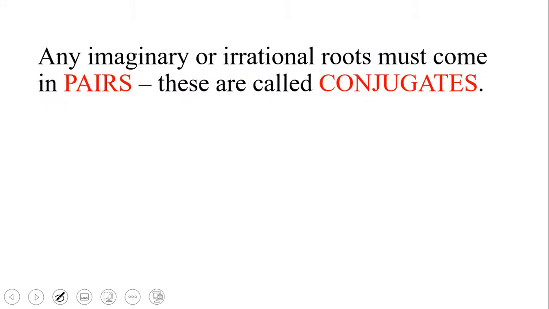The last couple things I want to talk about here is the idea that any imaginary or irrational roots must come in pairs, and these are called conjugates. So if I was to tell you that the square root of a was a solution to a problem, that would automatically mean that the negative square root of a was a solution. If I was to tell you that bi, that's an imaginary number, was a solution to a polynomial, automatically negative bi.